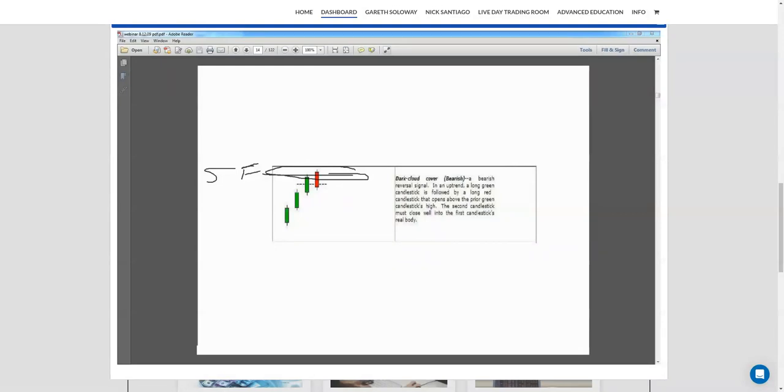I haven't covered it yet. Chiok asks, Nick, if only the wick takes out 50% of the previous bar, does that count? No. You must close below the 50 percentile. Write that down. Good question. That's how you know it. It doesn't matter if it pierces it. It's got to close below there. Everybody got that?